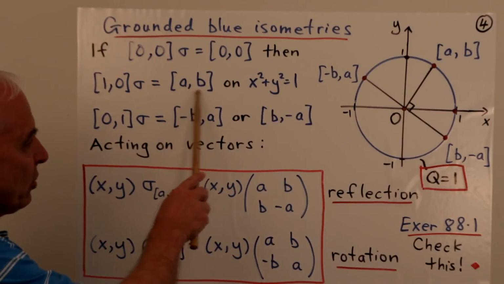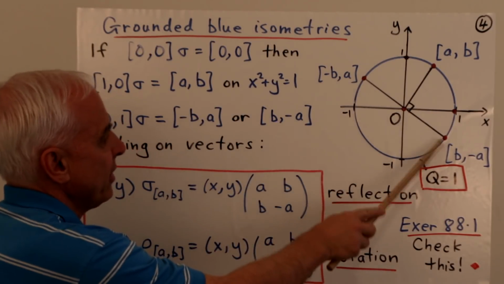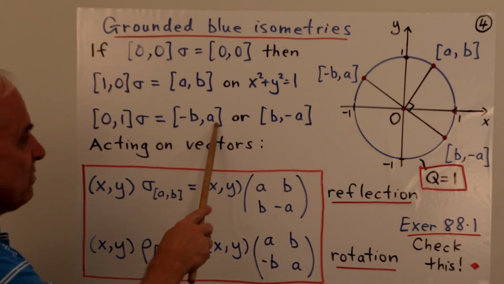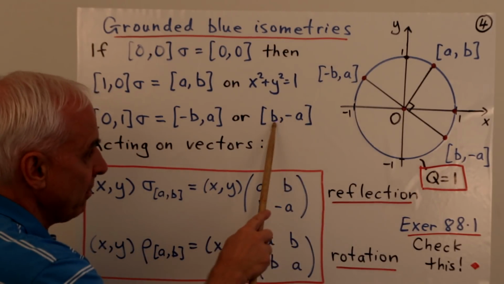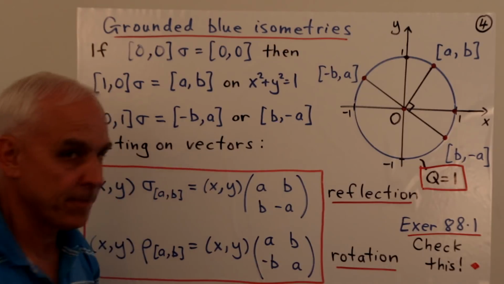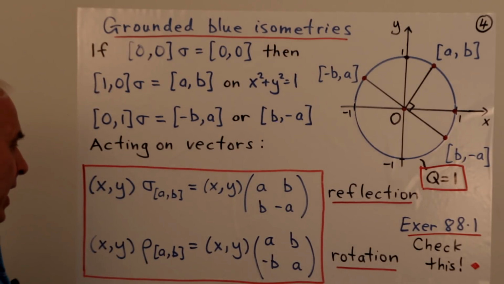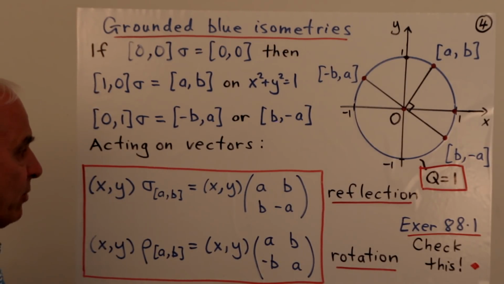So that means there's actually only 2 possibilities for these 2 points. It could be (minus b, a) over here in the diagram, or it could be its negative (b, minus a), which is over here.